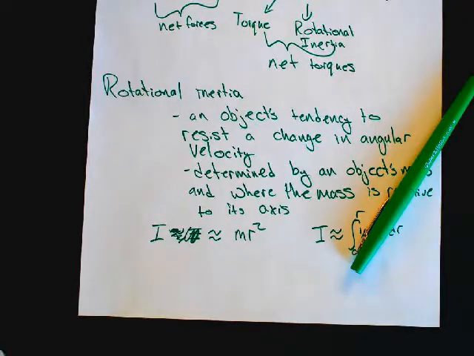A baseball bat, yeah, that would be good. So it doesn't have to be perfect, because what's important is that it's a distribution of mass from that location, and the variations from there are pretty trivial.